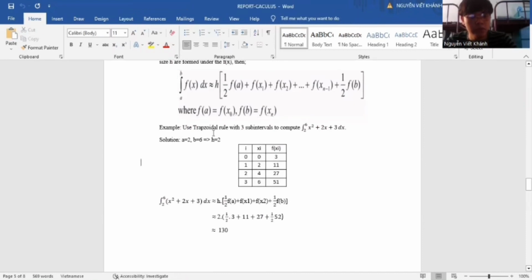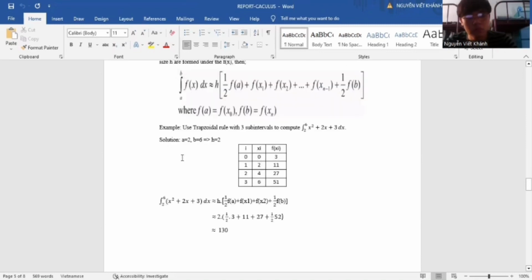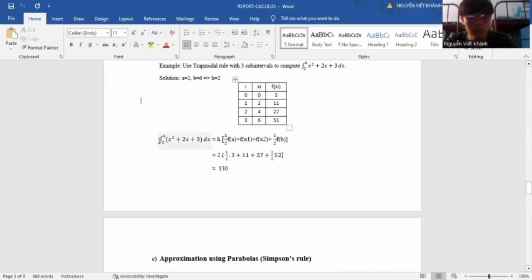Example: trapezoid rule with 3 subintervals. We have a and b, so we have h. Based on the formula, this is the result. The result of the example is 130.